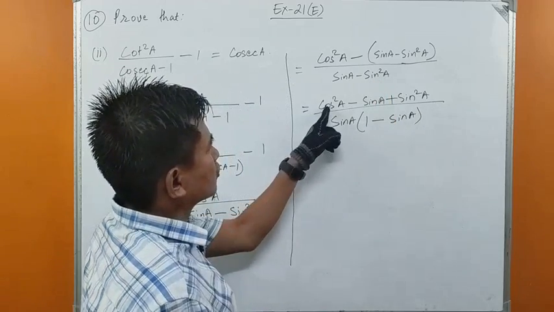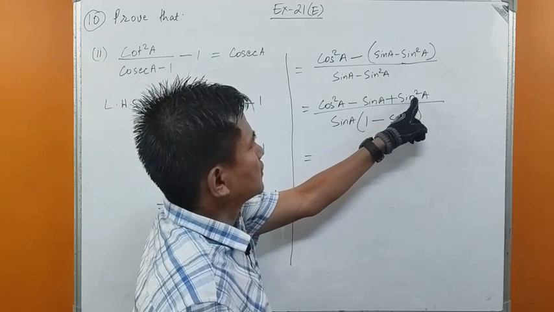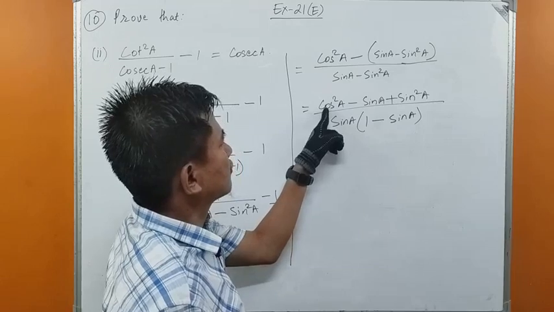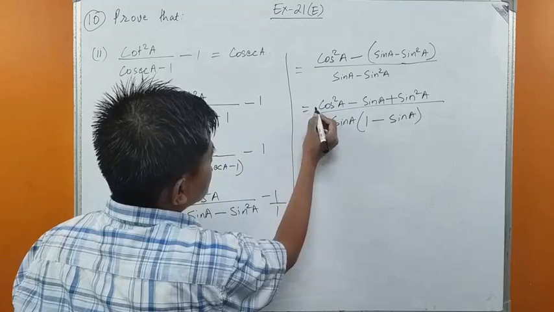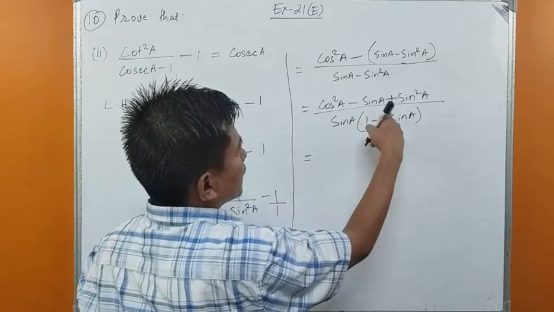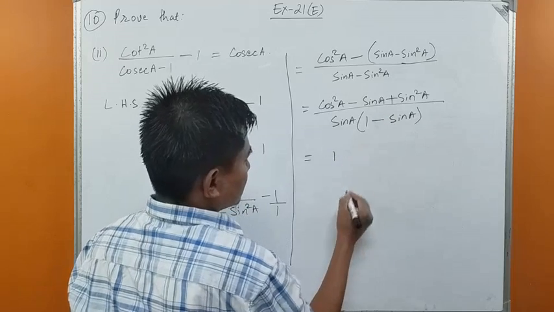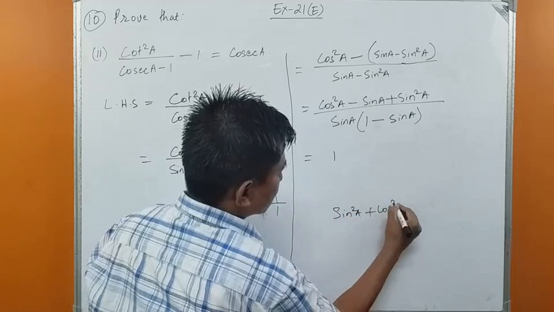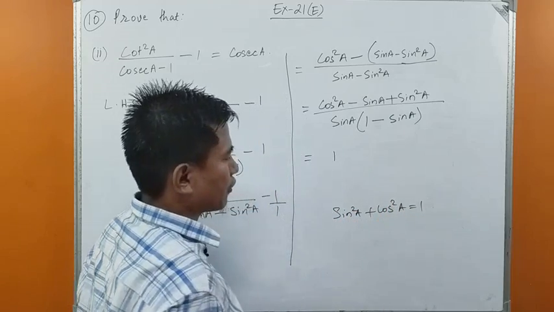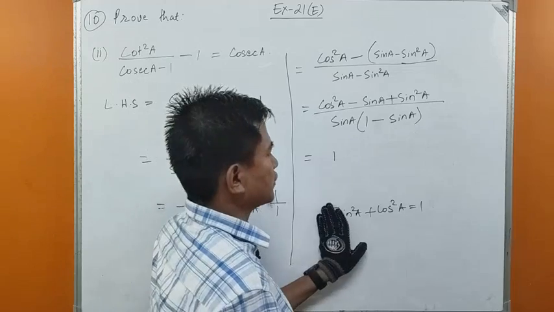So you can see cos square A plus sin square A. There is no sign in front of cos square A, means plus. Cos square A plus sin square A is 1, isn't it? Sin square A plus cos square A gives us 1. This is a formula, isn't it? Sin square A plus cos square A is 1.